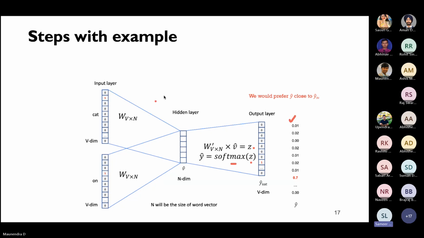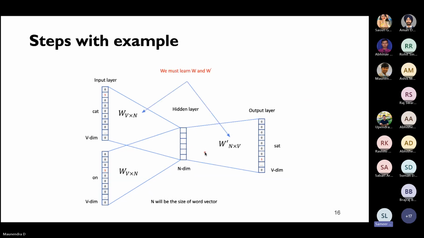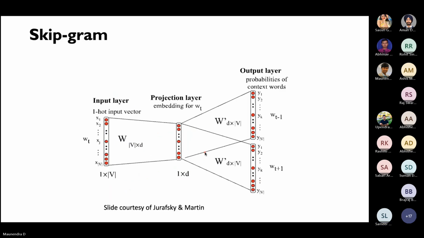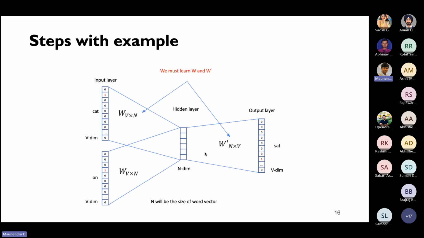Yeah, so here that summation is visible because in the hidden layer all the summations are happening. No, so this one is actually showing you the process for one training instance.